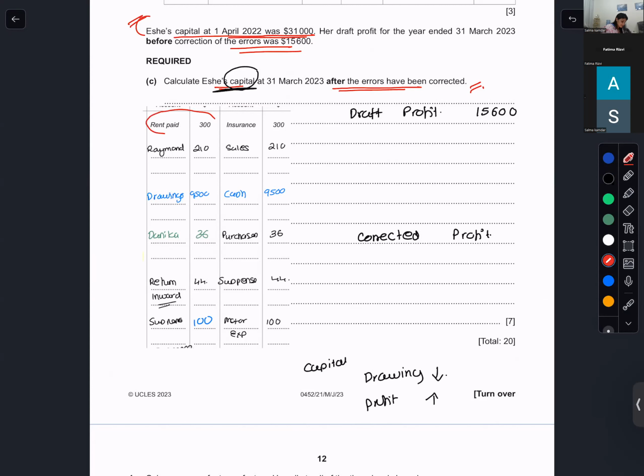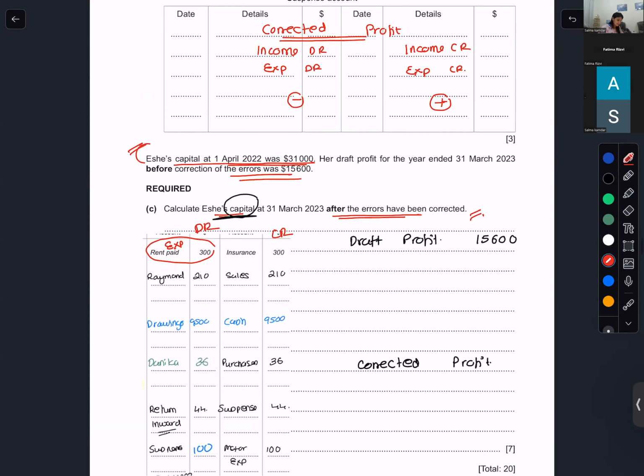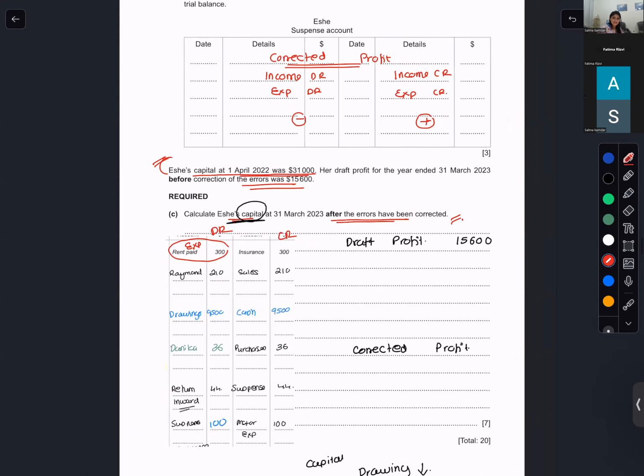Rent paid, debit. Insurance, expense credit. Miss, we don't need to actually write this, right? Because they both cancel out each other. But first we have to analyze, right?